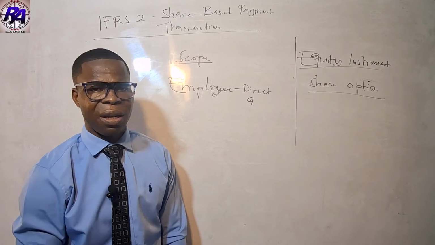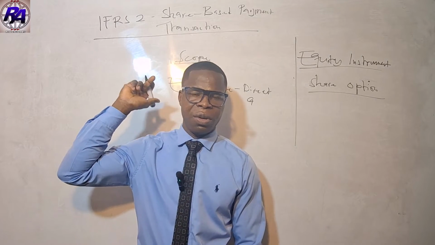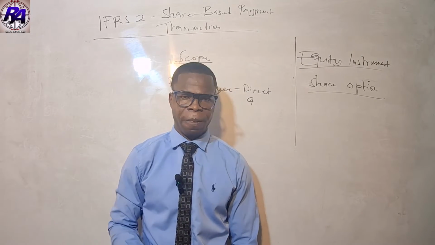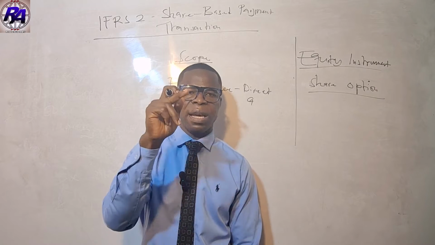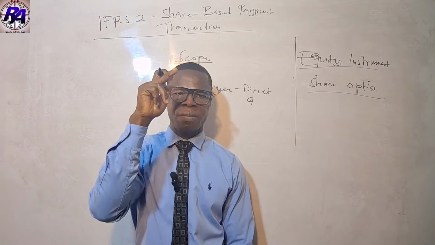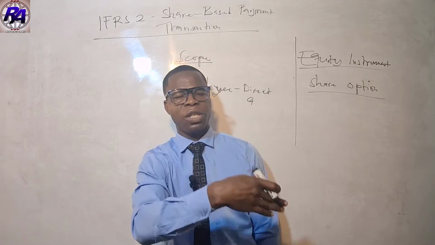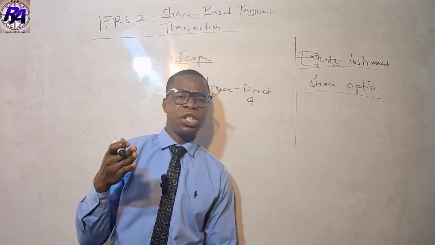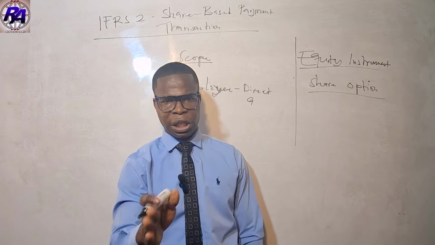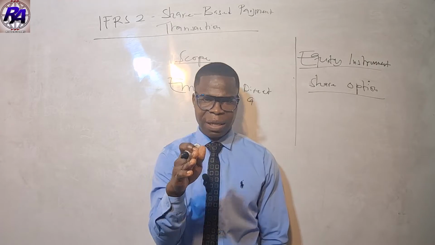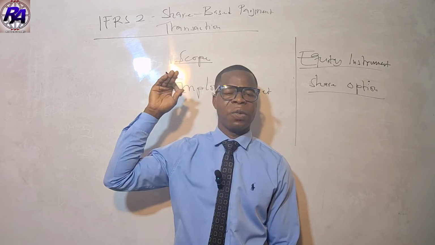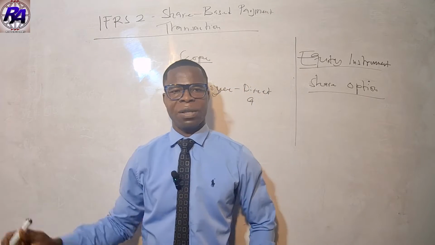That is not treated under IFRS 2. It is when that employee is providing services to the entity, and in return for the employee's remuneration, the entity issues an equity instrument or a share option to that employee. That transaction is what we are referring to as a share-based payment transaction.